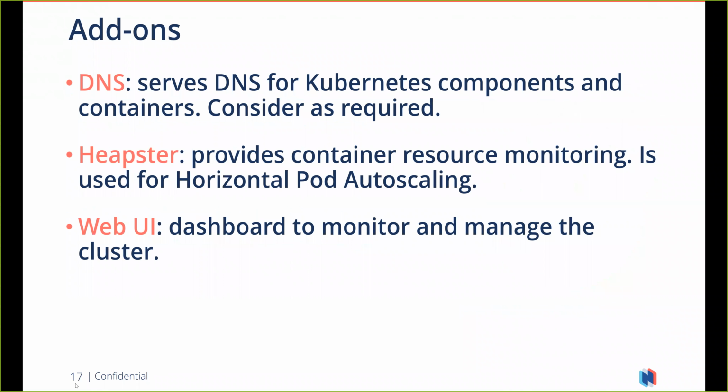All right, so going back to the worker nodes and what's on each worker node. We talked about your kubelet and your kube proxy, the kubelet connecting to the API server, the kube proxy for your networking on the worker node.